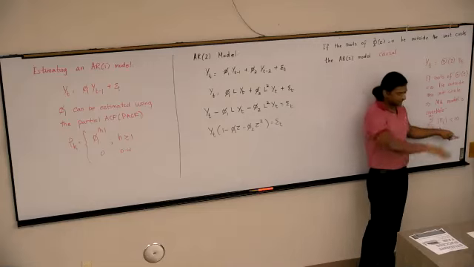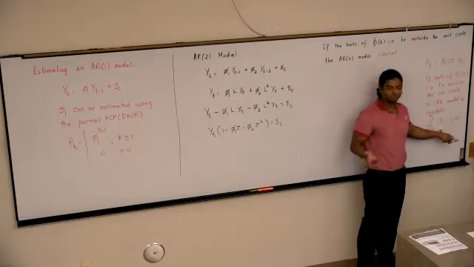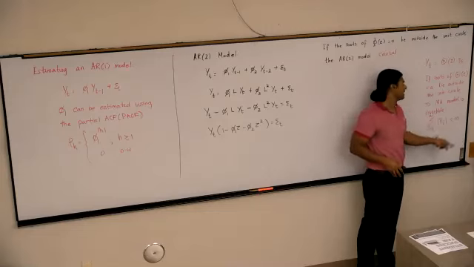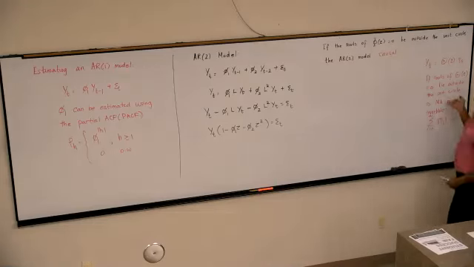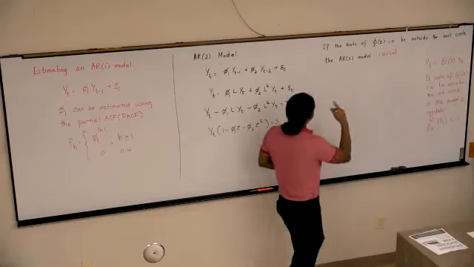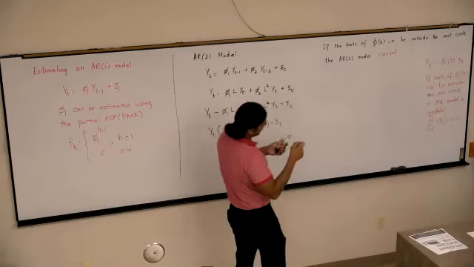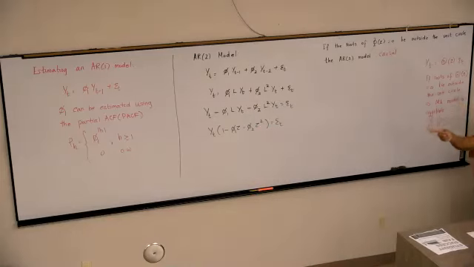But if that is a decreasing sequence of numbers, then when you sum it, it has to be less than infinity. That is a condition for the MA side. The same condition, but I'll be writing here, lie outside the unit circle, the AR2 model is causal. Same applies for the AR1 model as well. Good.